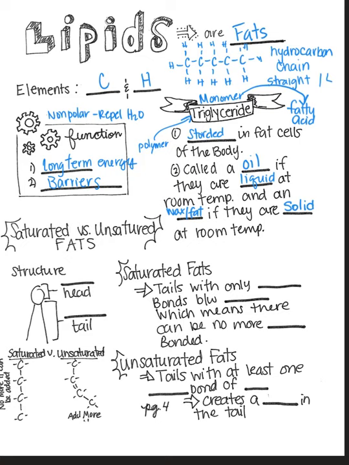Still oil, but the reason it's solid or liquid at room temperature is due to the molecular makeup of those lipids. Now, there are two types of fats, saturated and unsaturated fats.